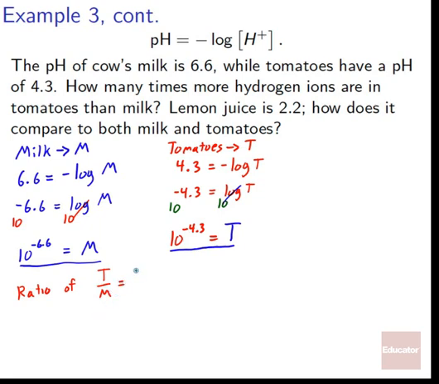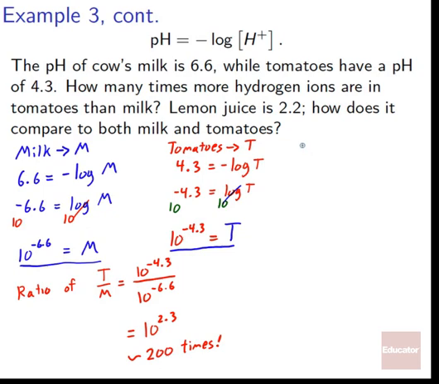We've got 10 to the negative 4.3 divided by 10 to the negative 6.6, which comes out to be 10 to the 2.3, which is about 200 times. So the ratio of hydrogen ions in tomatoes to hydrogen ions in milk is 200 times more hydrogen ions in tomatoes than there are in milk.